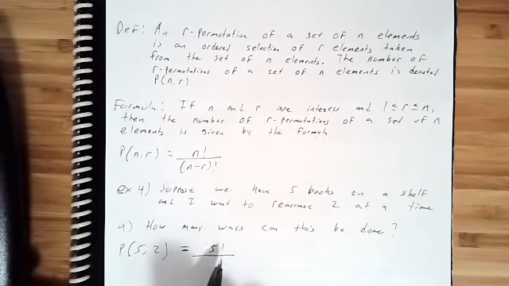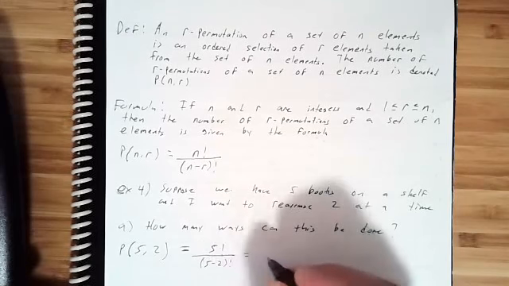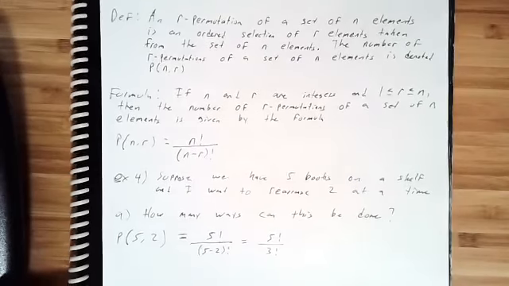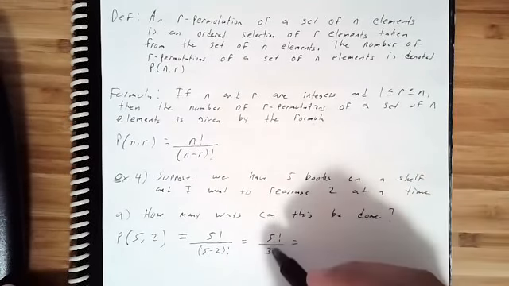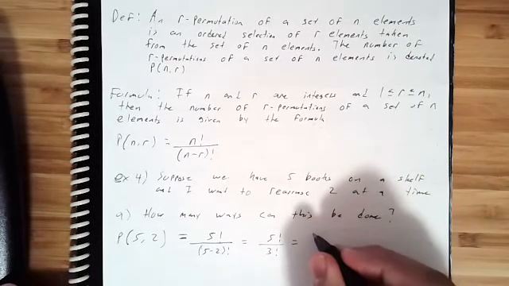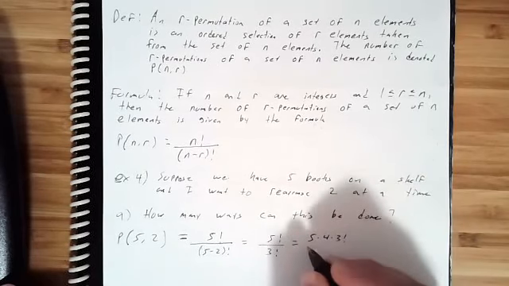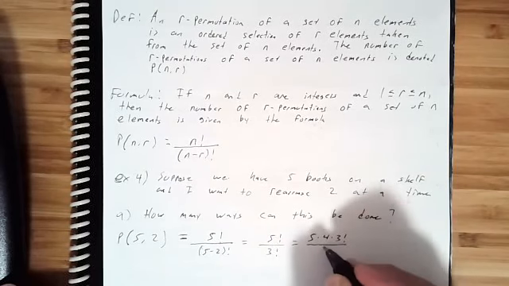So n is 5, so it's 5 factorial over 5 minus 2, which simply becomes 5 factorial over 3 factorial. Let me show you a trick on how to reduce factorials. You can go all the way until 3 and stop, because technically 5 factorial goes all the way until 1, and then you can just cancel these.